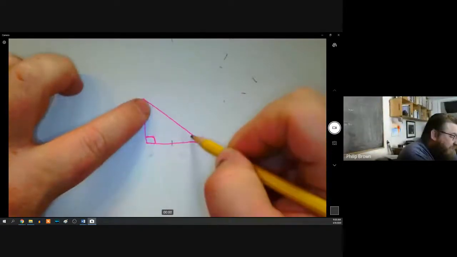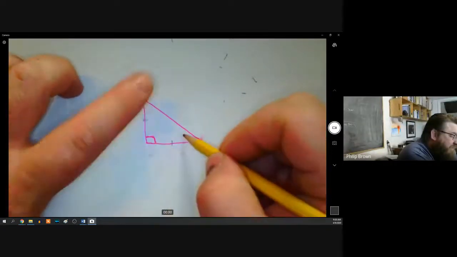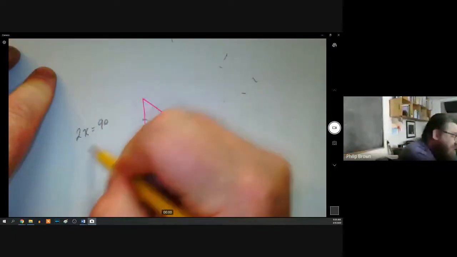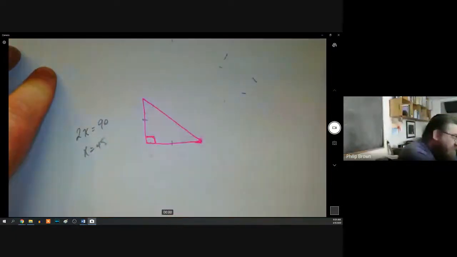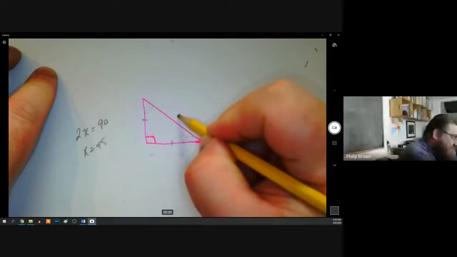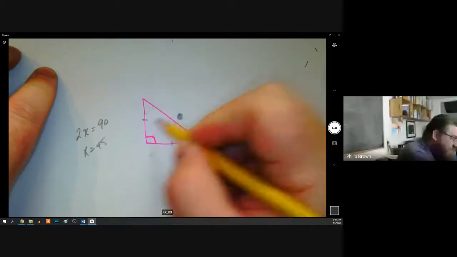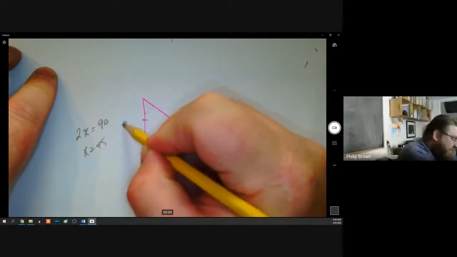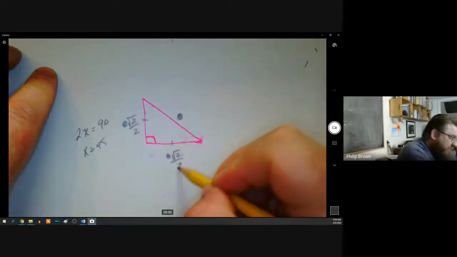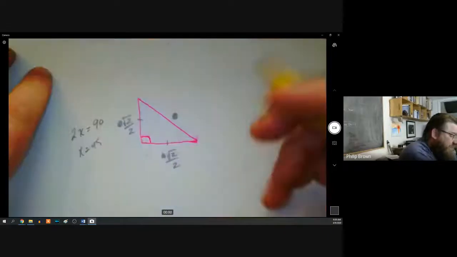And if those two angles are equal and it's a right triangle, these have to add up to 90. So you have 2 times something that equals 90. So both of them have to be 45. Good to go? And then no matter what this is, these two sides are that thing times the square root of 2 over 2. Always and forever, amen, if it's an isosceles right triangle.